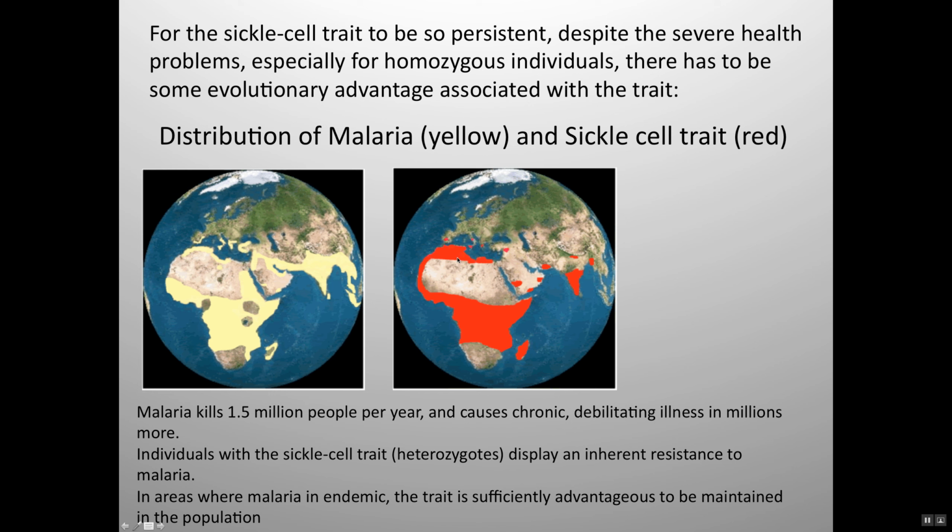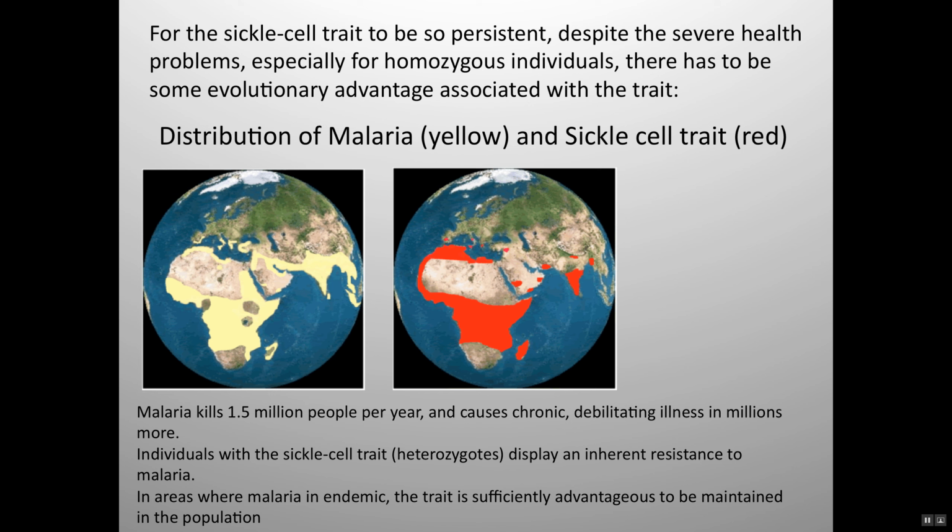And it turns out malaria is actually a serious health problem. It kills 1.5 million people per year, and perhaps more of a problem is that it causes chronic debilitating illness in millions more, where people are essentially disabled and cannot be functioning, active members of society. And individuals who have the sickle cell trait, that is where they're heterozygotes, display an inherent resistance to malaria.